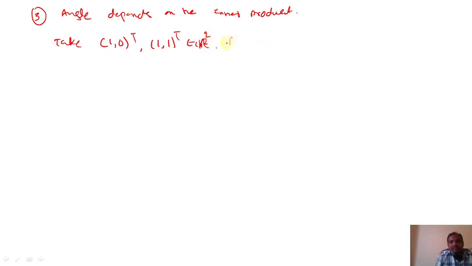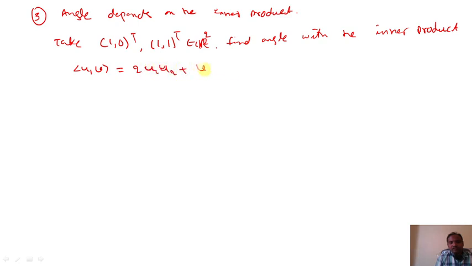Find the angle with the inner product u comma v equal to 2u1 v1 plus u1 v2 plus u2 v1 plus 3 u2 v2. Suppose it is asking like this.